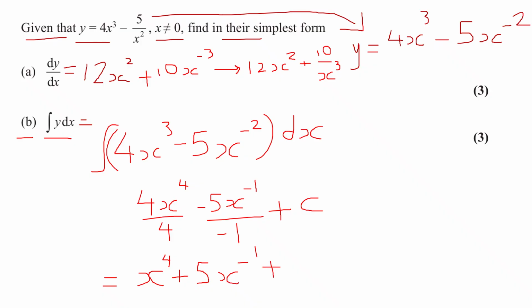I can also rewrite this as x to the power of 4 plus 5 over x plus that c, the constant of integration. And that is how we integrate and differentiate a function in the form y equals ax to the power of n, in the form y equals f of x.